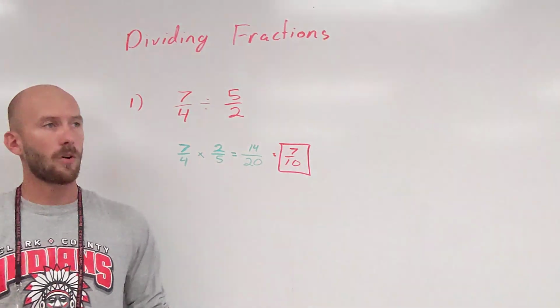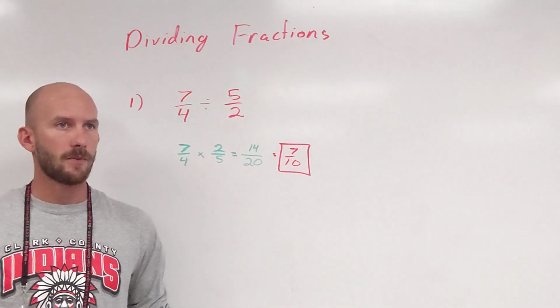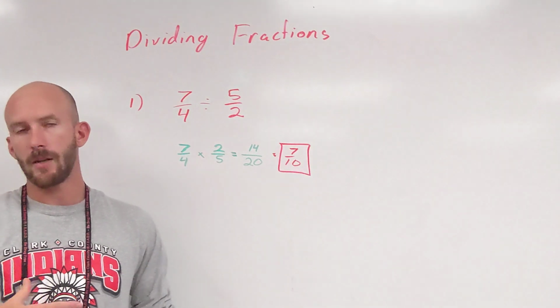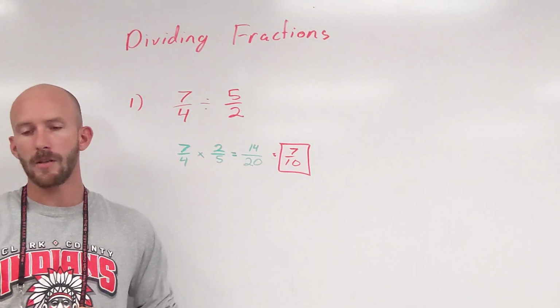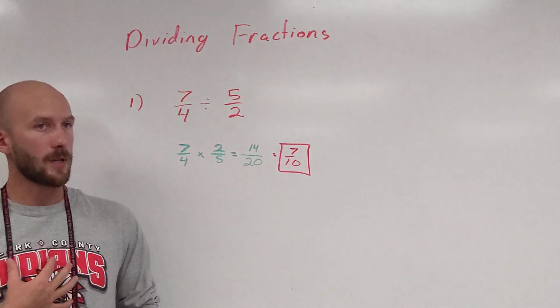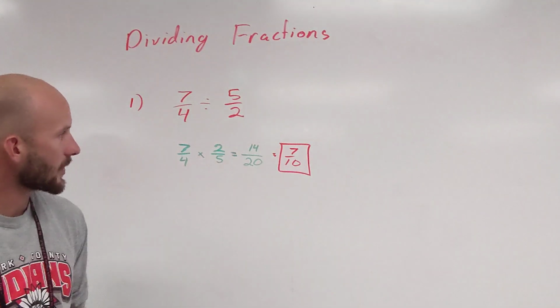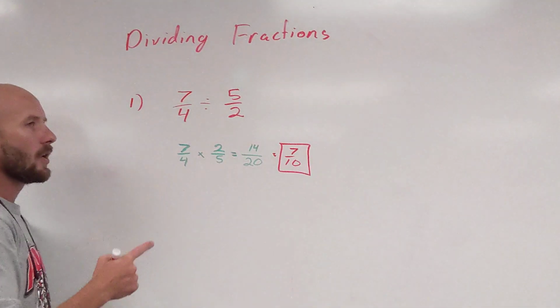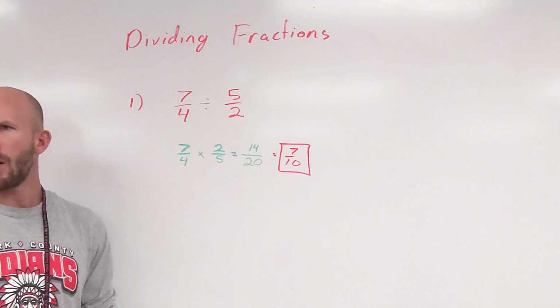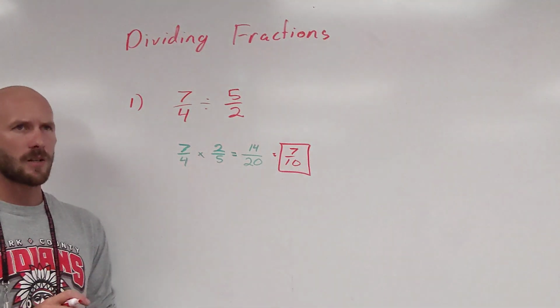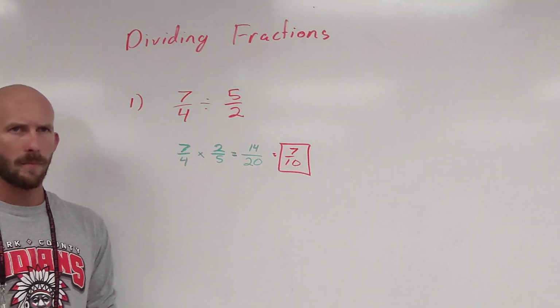So your final answer should be reduced. Improper fractions are totally fine. If the numerator is bigger than the denominator, you don't have to change it to a mixed number. In fact, I would prefer you didn't. The reason this works is something I talked about earlier.